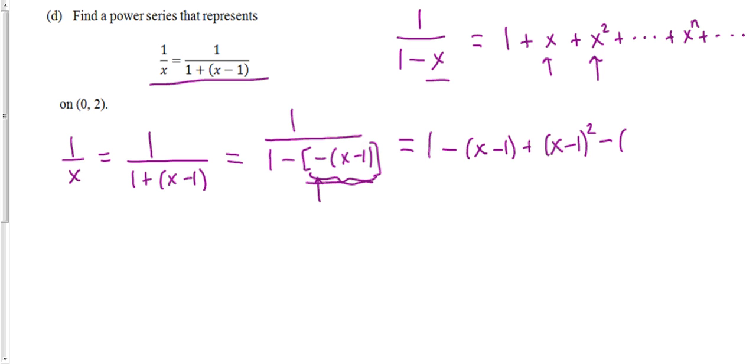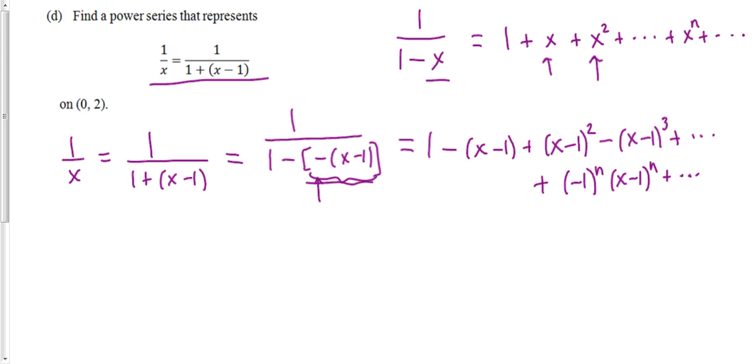So I'm going to have negative x minus 1 cubed. And then I'm just going to keep going, and I'm going to have my dot, dot, dot, and my general term is going to be negative 1 to the n times x minus 1 to the n, and then that will just continue on to infinity.